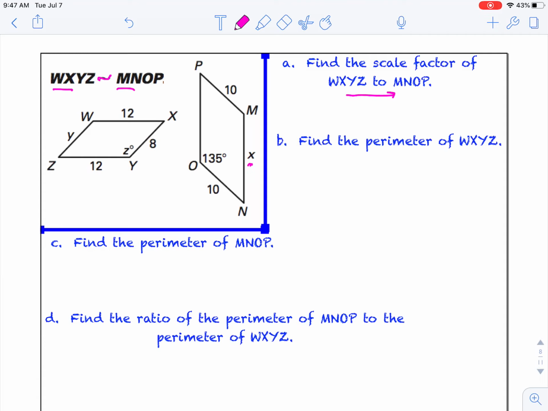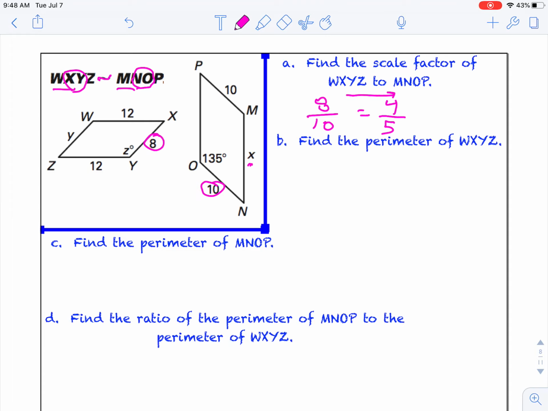That is unknown right here. So let's find a different pair of sides if we can. Well, if we use XY compared to NO, we do have XY is 8 and NO is 10. So the scale factor is 8 to 10, which we always rewrite as the ratio in reduced form, so 4 to 5.